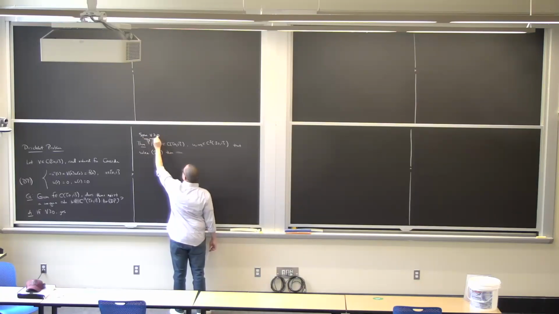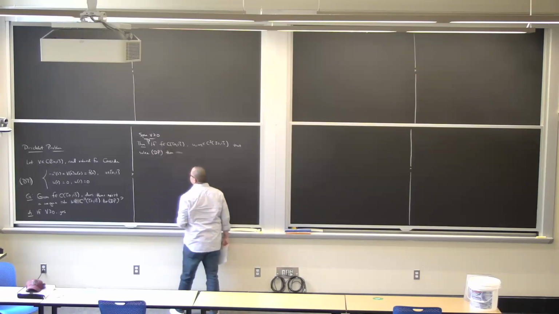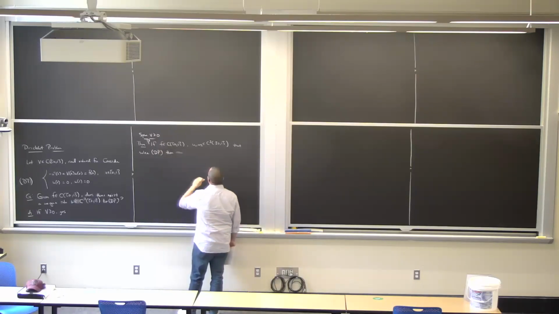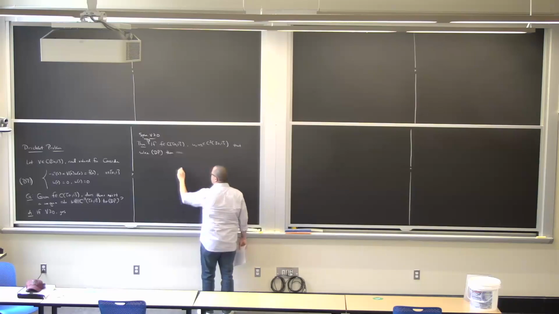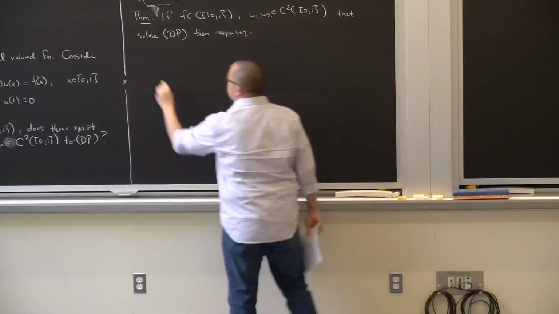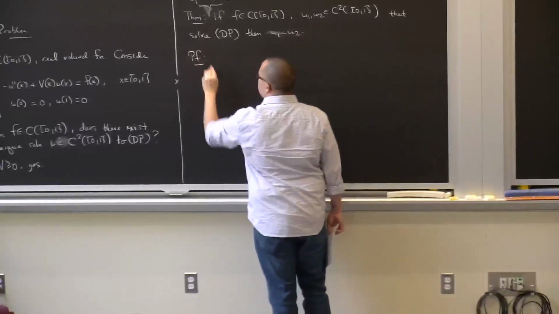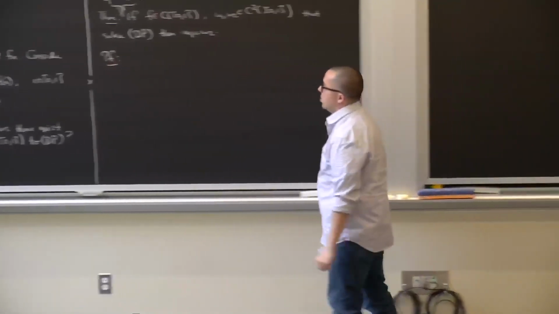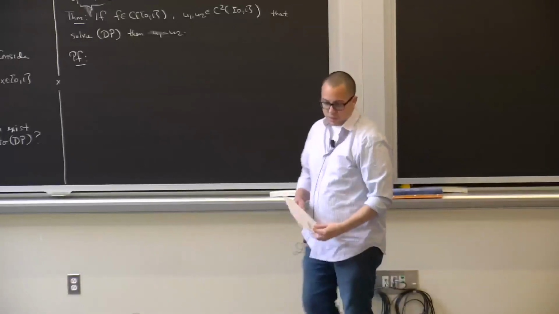So let's suppose V is non-negative and f is a continuous function on [0, 1], and u1, u2 are twice continuously differentiable functions that satisfy the Dirichlet problem. Then they must be the same.